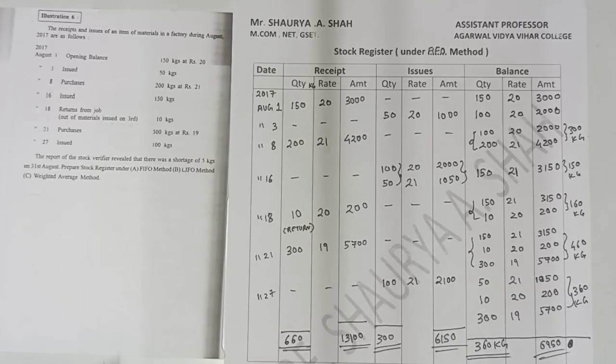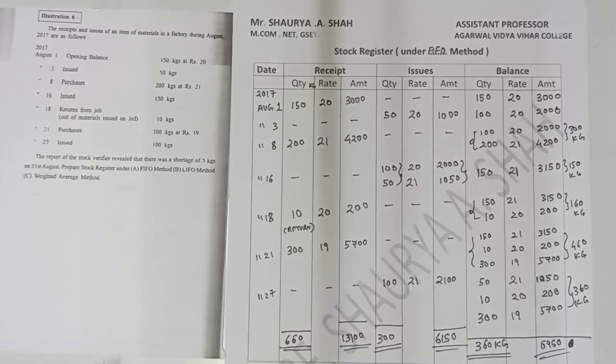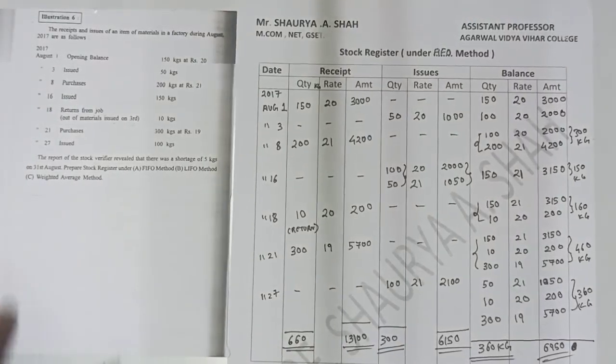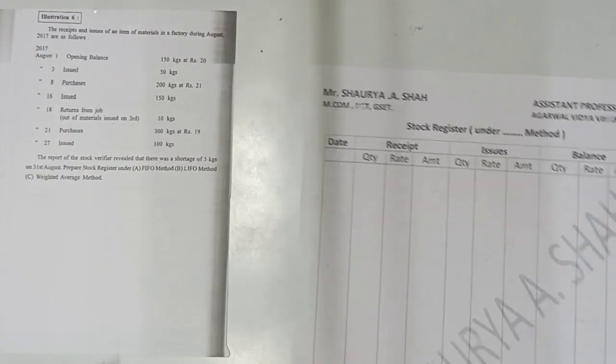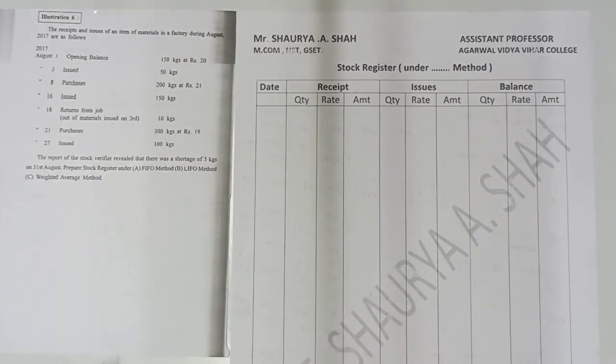Fine? Okay. So the same sum, students, we will continue with the LIFO method also, right? I give you 2 minutes, again prepare the format for the same so that we can start with the LIFO method very soon. Everything will remain the same, only changes will come at the time of your new issues. So prepare the format well in advance from the next time so that we can quickly start with the sum. One more minute.